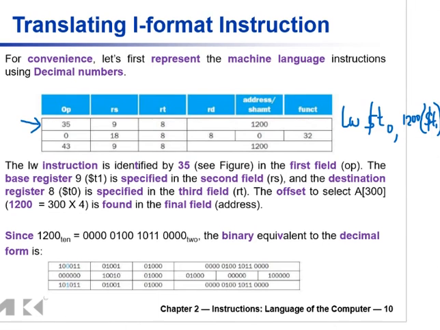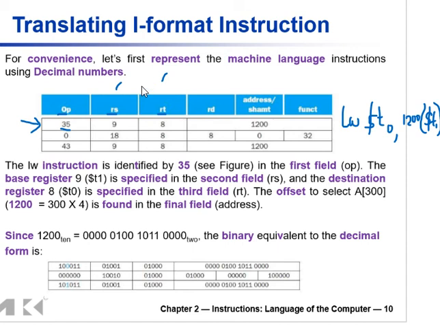So the opcode here is 35. Now the opcode part is over. Let's look into RS and RT. Here RS means the source, RT here is the destination. So this is the idea.